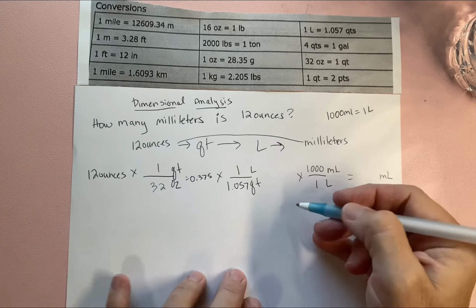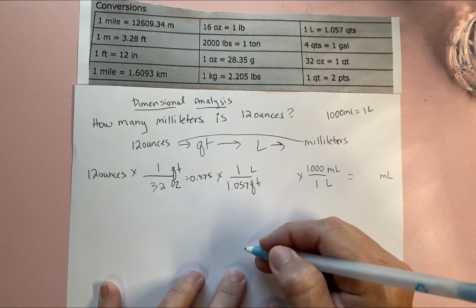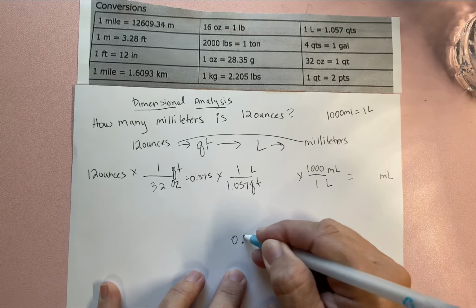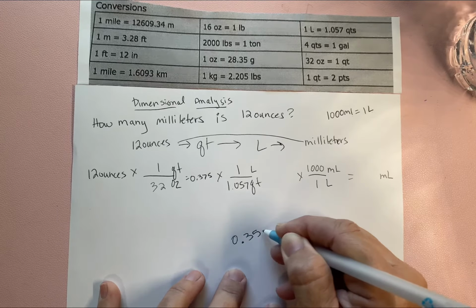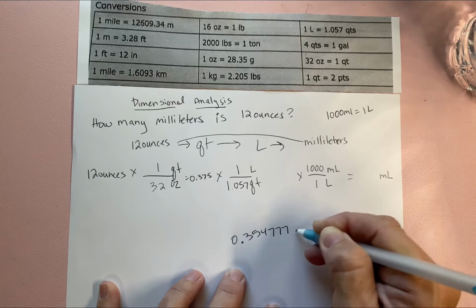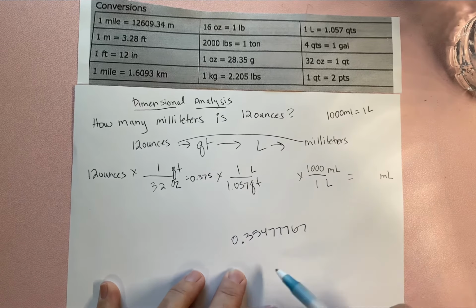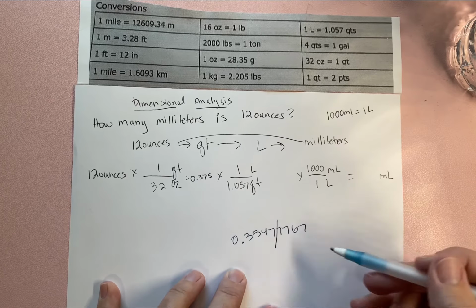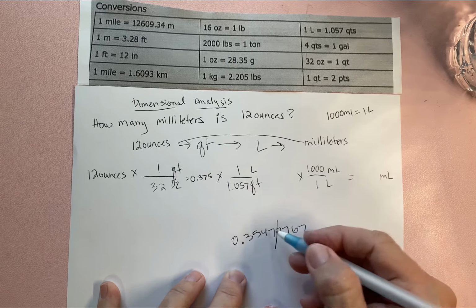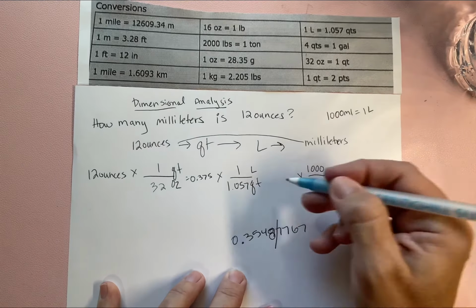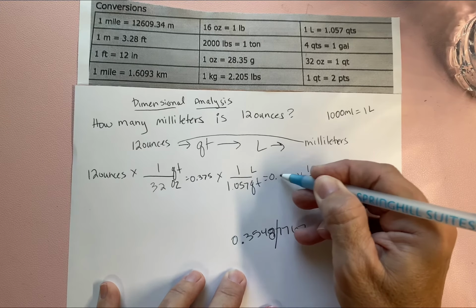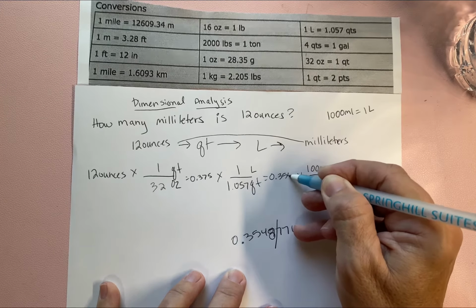We get a really long number. I'm going to write it down here. 0.354777767, and it keeps going. I'm just going to go ahead and cut it off right about here. So we're going to round this up, make that an 8. So we're going to get 0.3548.